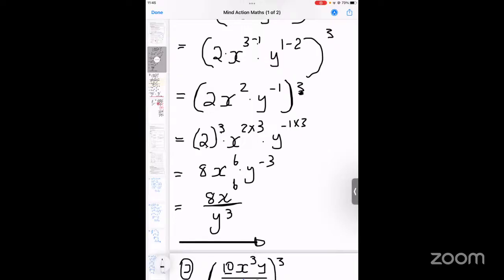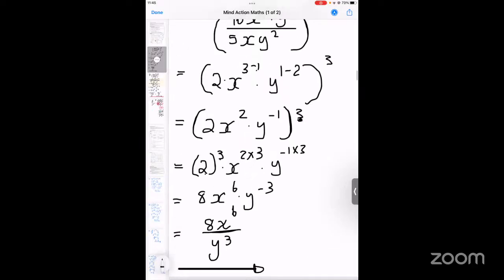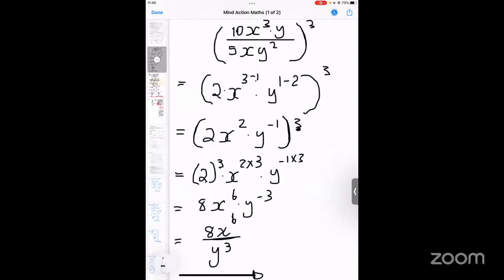So can you see another way in which you can work it out, Langelihle? So the best way to work it out is to firstly deal with what is inside the brackets, and then only after you will distribute that to each power. Makes sense, Langelihle? Yes, it makes sense.